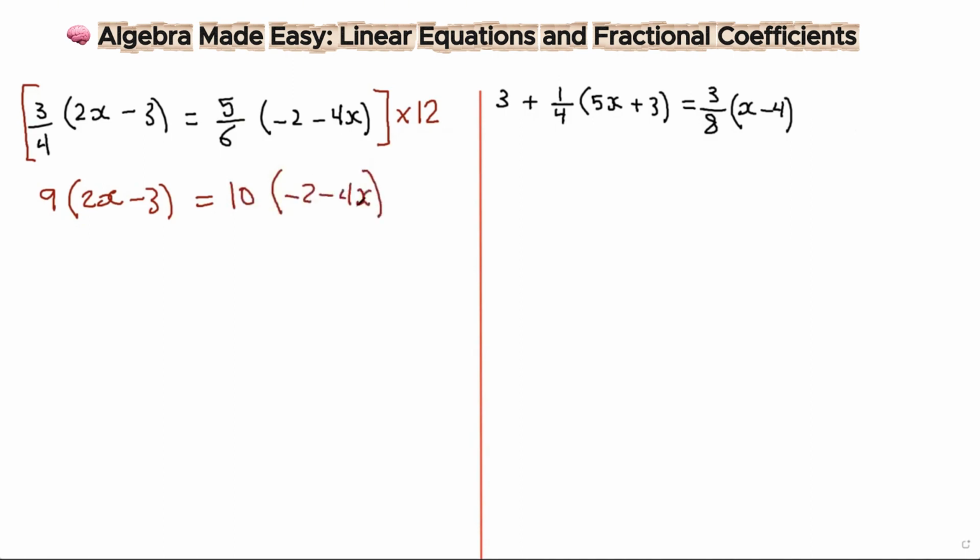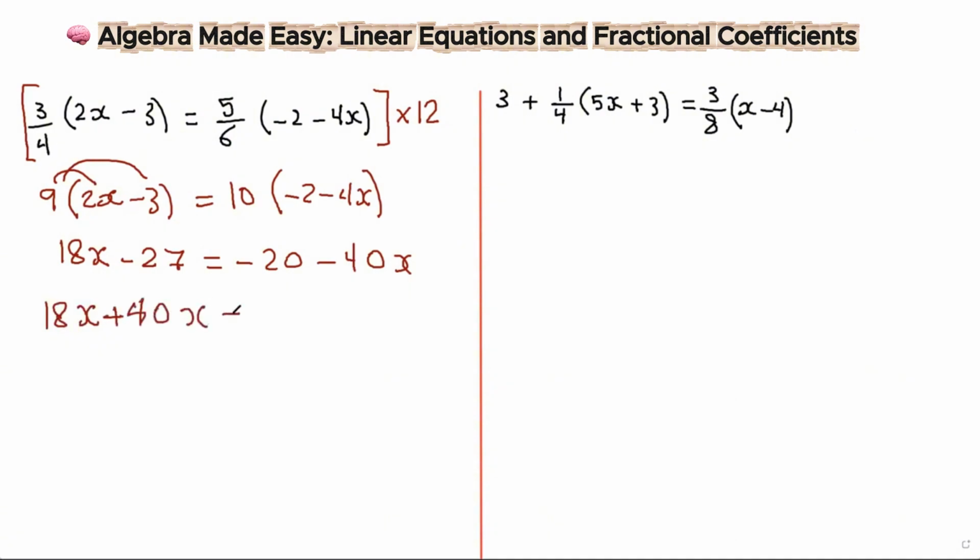And now you distribute the 9 into the 2x minus 3, and you distribute the 10 into the negative 2 minus 4x. So you're going to get 18x minus 27 equals negative 20 minus 40x. And now you'll have 18x, move the negative 40x to the other side, becomes plus 40x equals negative 20, and move the negative 27 to the other side of the equal sign, and you get plus 27.